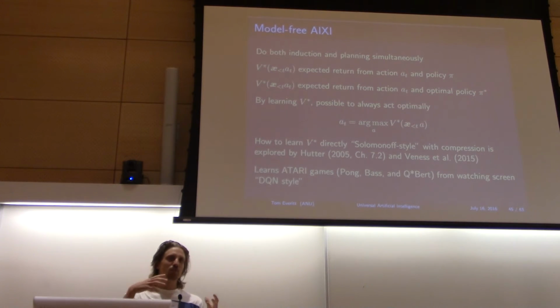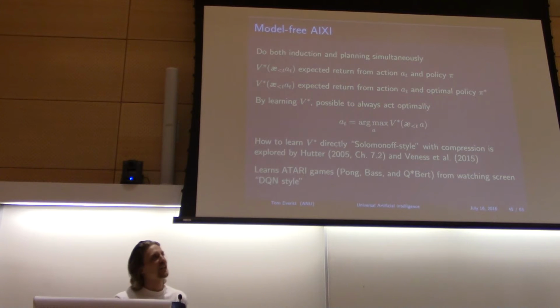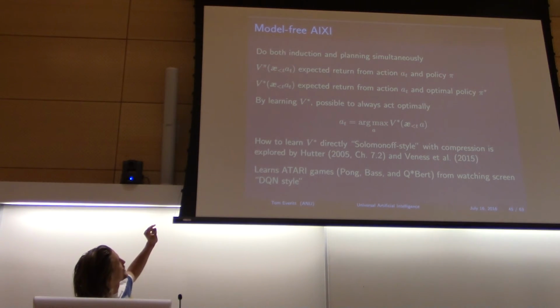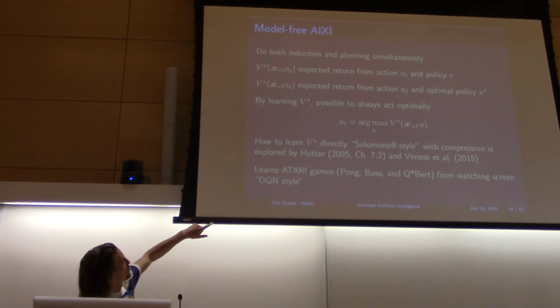These methods don't really build a model of the environment. They just infer how good this policy or this action is in this state. So they try to learn the value function, the expected return from an action, by induction. And this means you don't have to do any planning, because if you manage to infer the optimal value function, then you can always act optimally with respect to this value function.